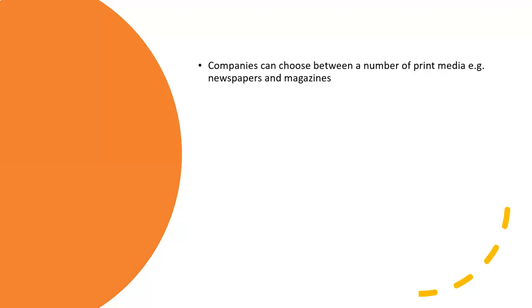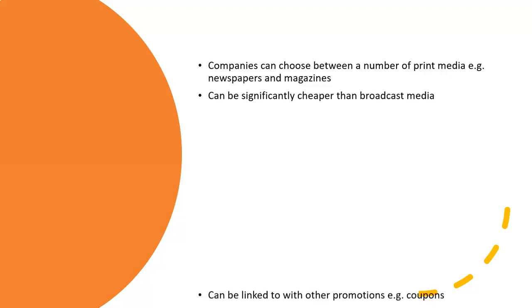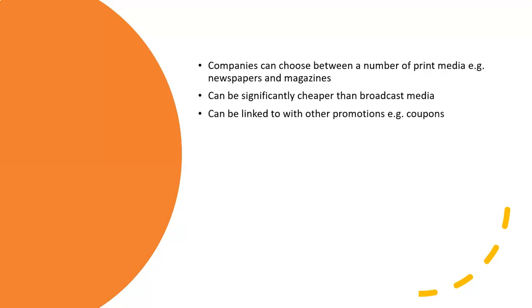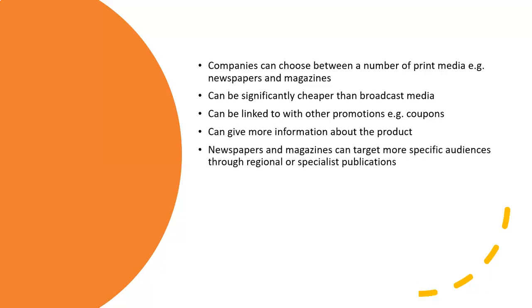Companies can choose between a number of print media, for example newspapers and magazines. They can be considerably cheaper than broadcast media. They can be linked with other promotions, for example coupons, and can give more information about the product. Newspapers and magazines can target more specific audiences through regional or specialist publications.